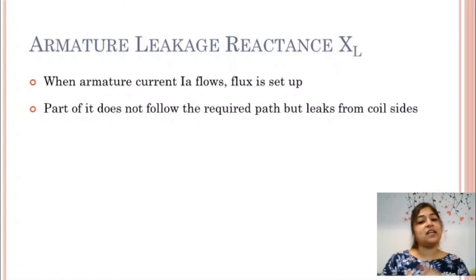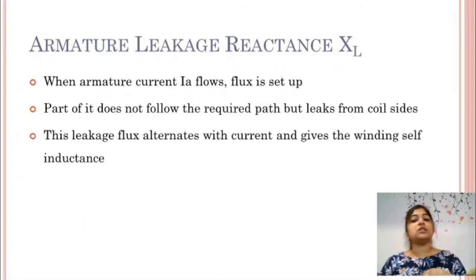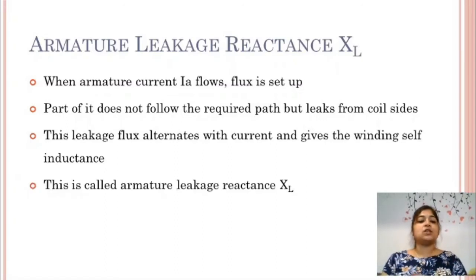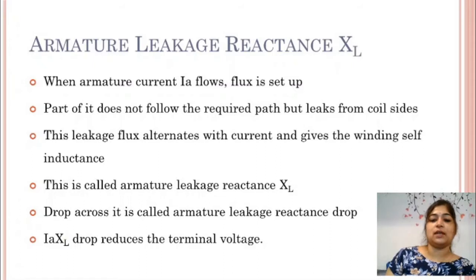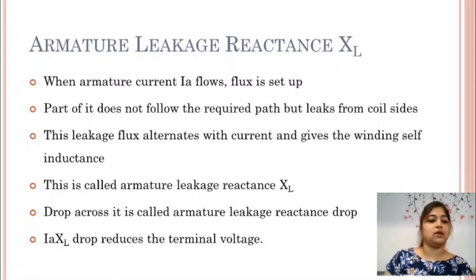When part of the flux does not follow the required path but leaks out from the coil sides, that flux is called leakage flux, and that flux is responsible for production of self-induced EMF, right? It has its own self inductance, and because of that it produces its own self-induced EMF. So that is why this armature leakage reactance XL is responsible for a drop. That drop is called armature leakage reactance drop, IAXL. It reduces the terminal voltage, right?